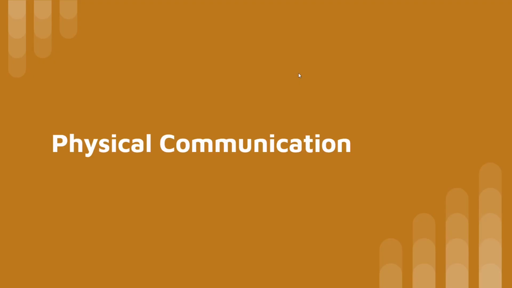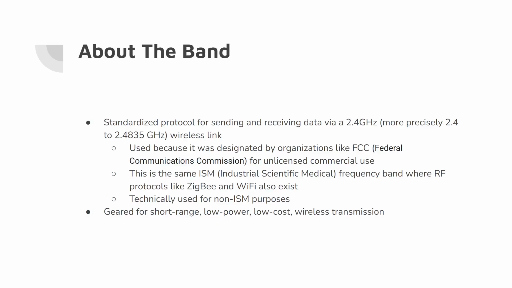Okay, so let's look at the physical communication, how Bluetooth actually transmits its data. As we said before, it sends and receives data via the 2.4 gigahertz band, more precisely from 2.4 to 2.4835 gigahertz. It may seem random to pick this particular band, but basically the ISM, the Industrial Scientific Medical, I guess it's the council or the organization that is responsible for a particular bandwidth range, designated this as an unlicensed frequency.